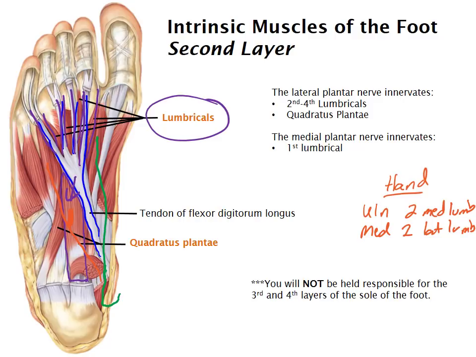Well, in the foot, it's a little different. The lumbricals have a 3-1 split, with the lateral 3 innervated by the lateral plantar nerve. So again, we stay with the orange, and we have this lateral plantar nerve innervating the lateral 3 lumbricals, with the medial plantar nerve innervating that first lumbrical.